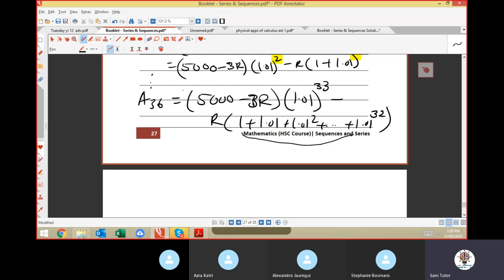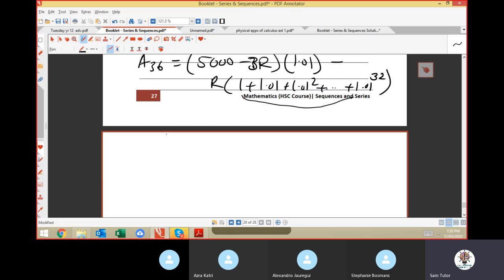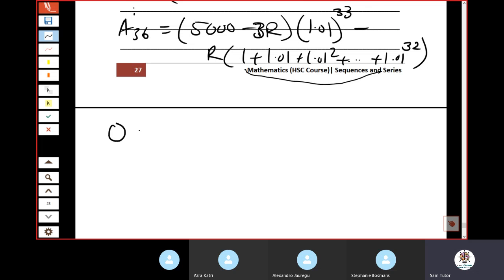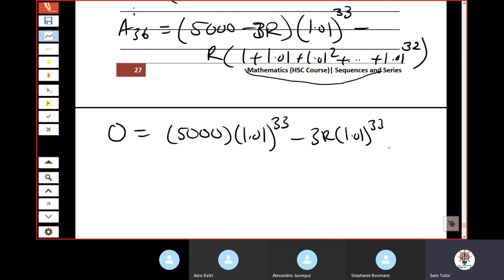Okay. So actually, I'll do it with you guys. Here we go. I'm just going to make this a bit larger. All right, A36 is 0. 5,000 times 1.01 to the power of 33 minus 3R times 1.01 to the power of 33 minus R times A, which is 1, R to the power of N, which is going to be 33, take away 1 over R minus 1.